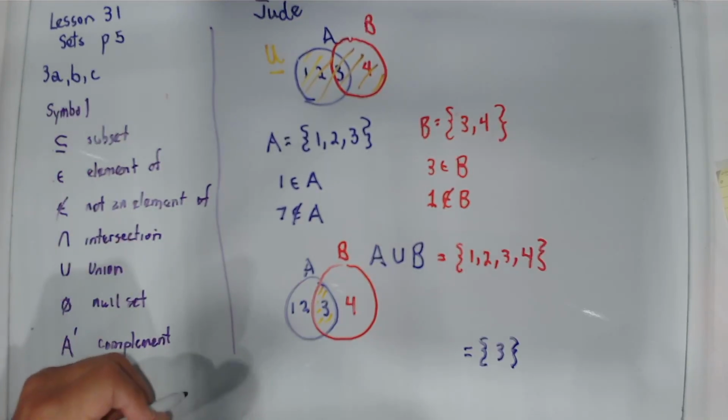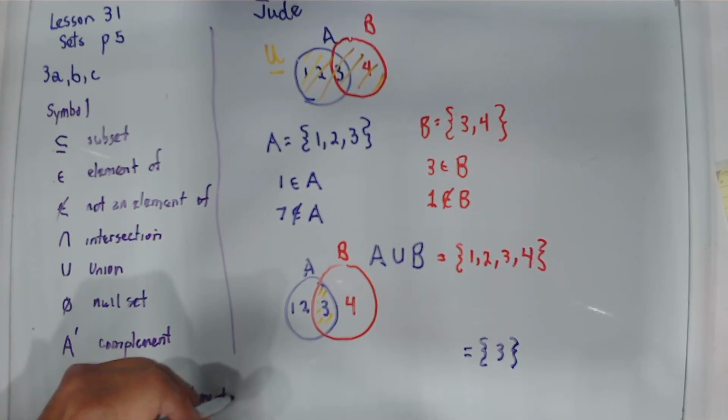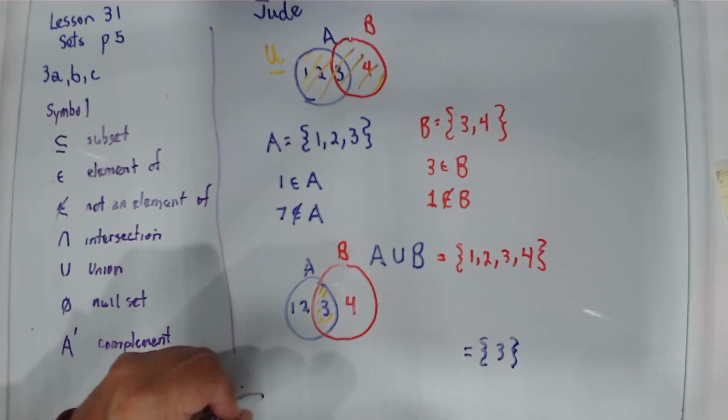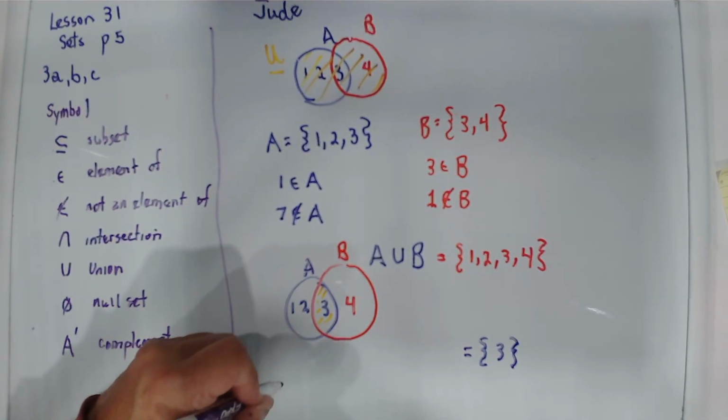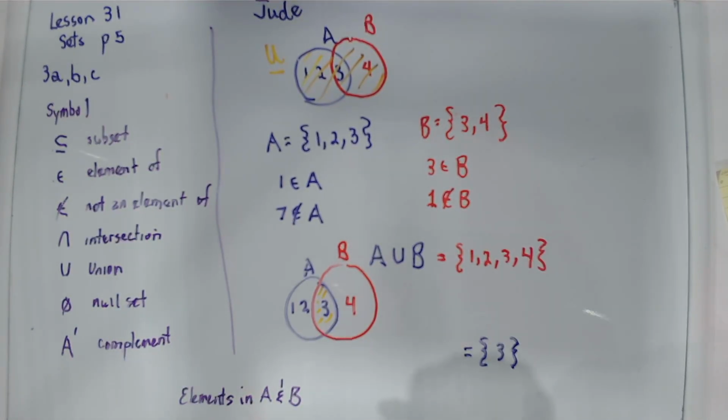Intersection is elements in A and B. In this case, you could have intersection between a lot of different sets, but in this case, we're just going to do 2.